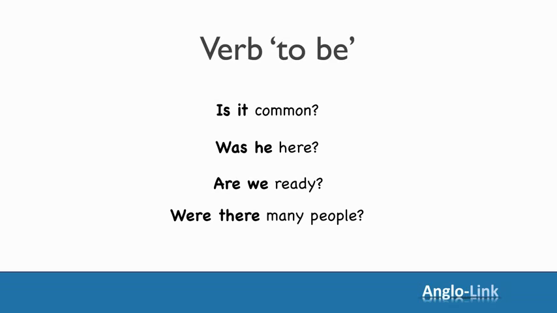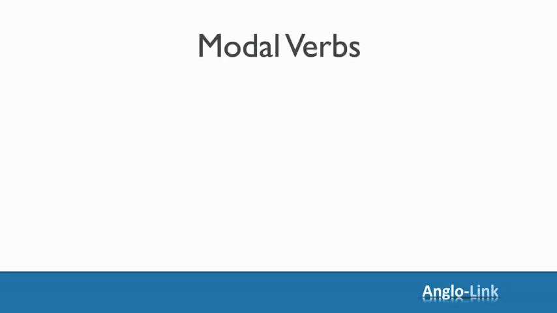Now let's look at how we formulate questions with modal verbs. First example, Joe can drive. Like the verb to be, all you need to do is to move the verb behind the subject. Can Joe drive? She could stay. Put could behind she.